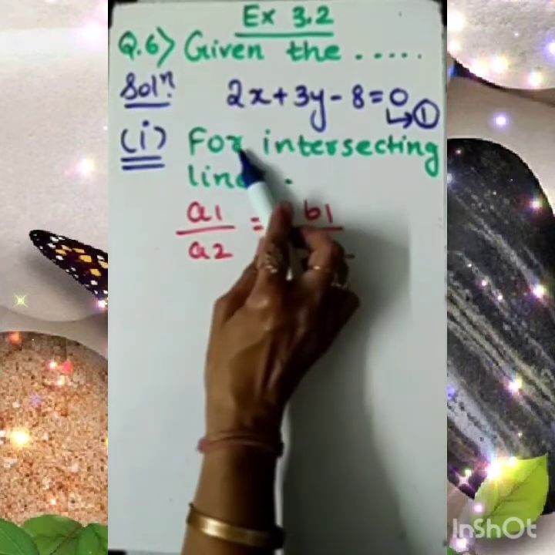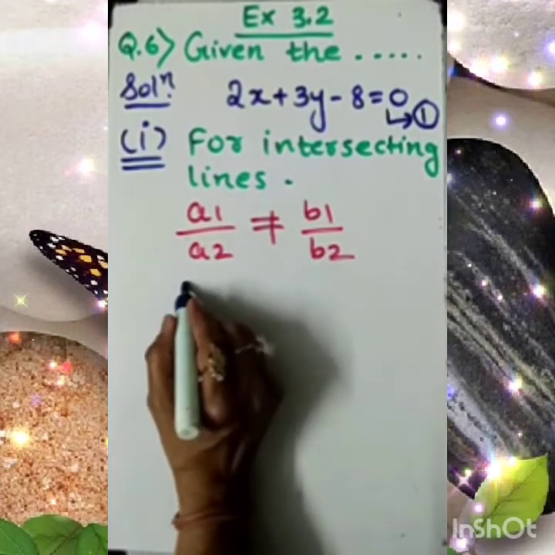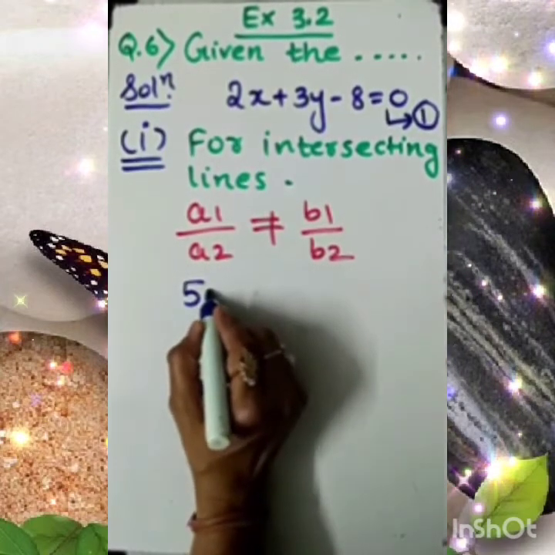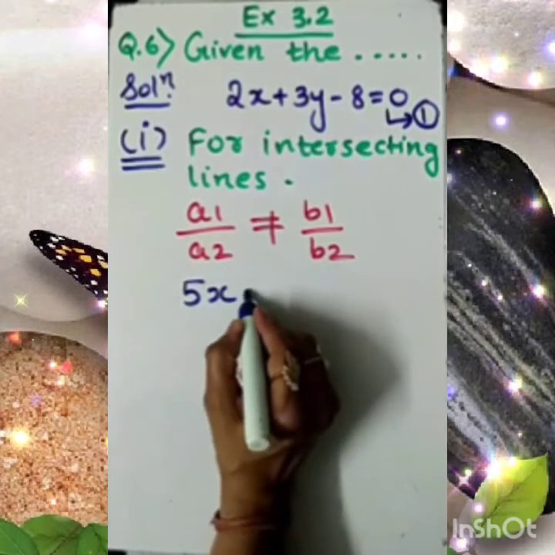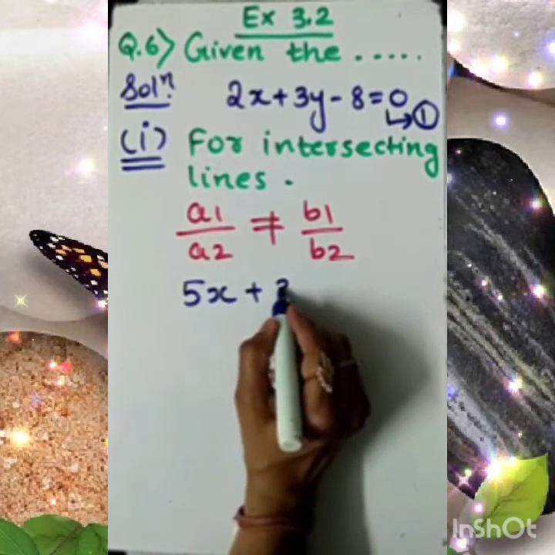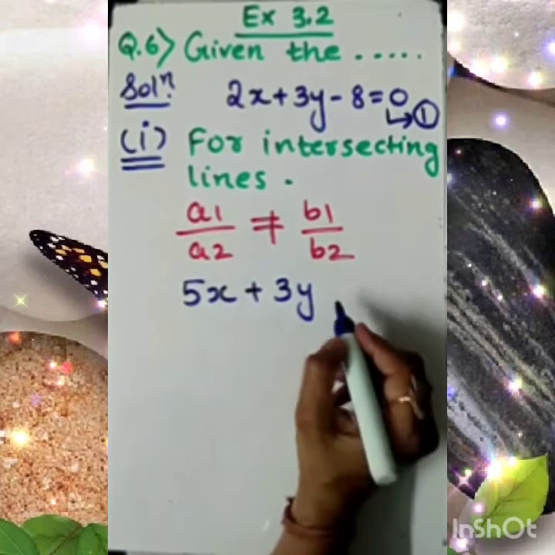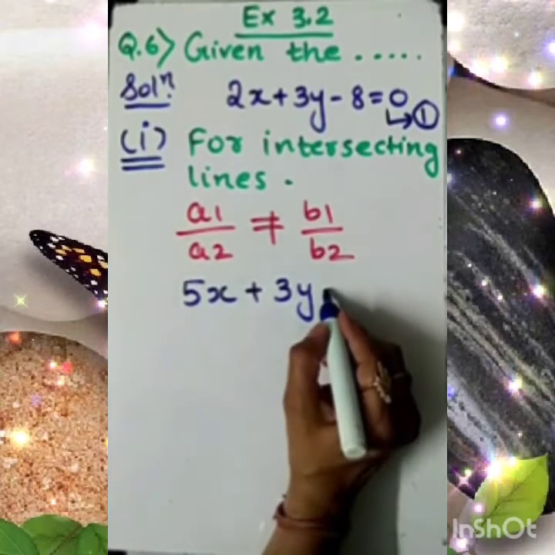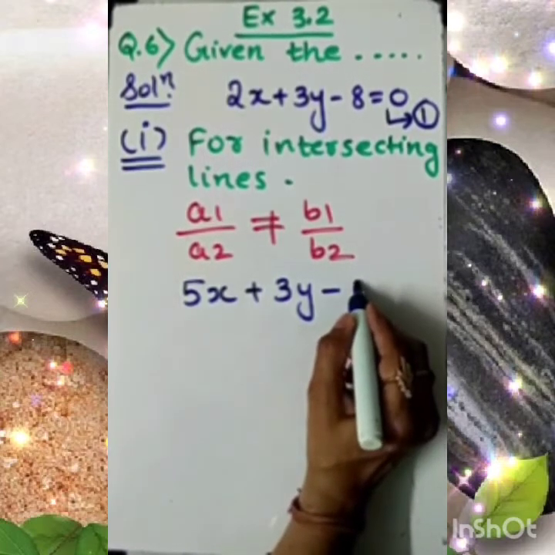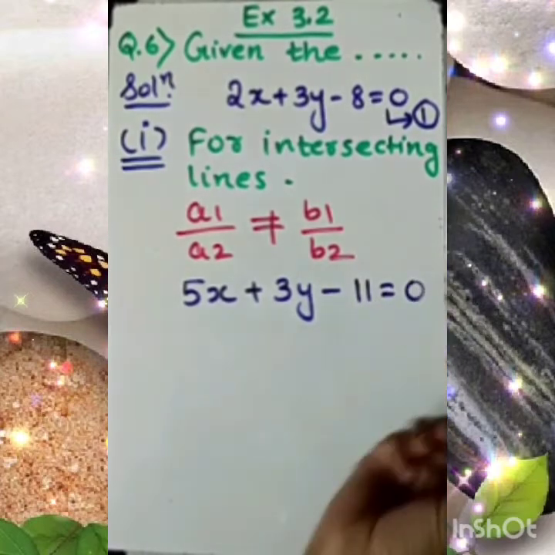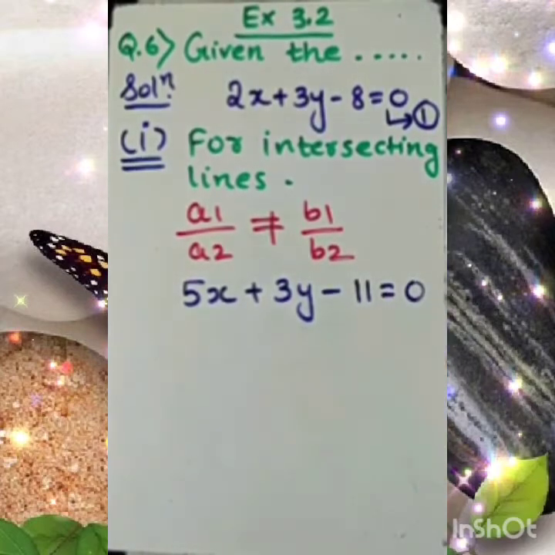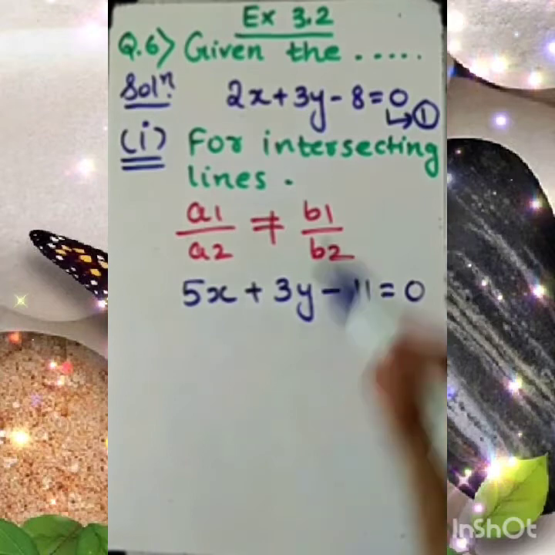Now here the condition, whatever equation we mention, here 2 by 5. Suppose I am starting, the equation is like that: 5x plus 3y minus 11 equal to 0. Suppose I am considering any equation of my own. You just see.